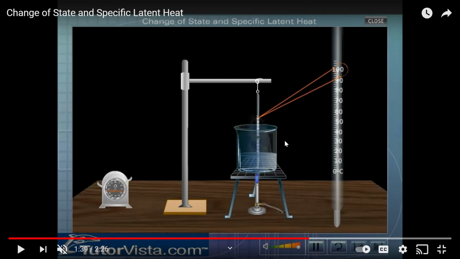Okay, so the heat which is not shown or seen in the thermometer but it is present is called the latent heat or hidden heat. I hope now the things are clear.